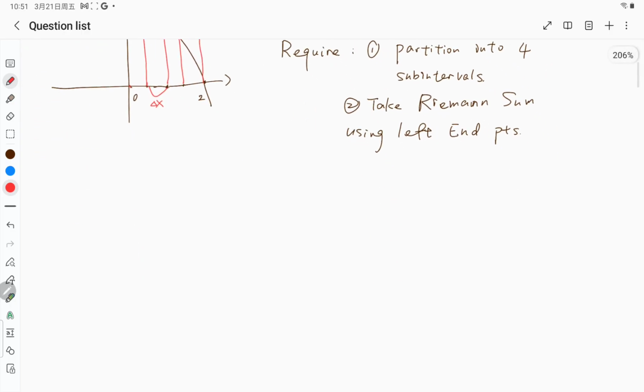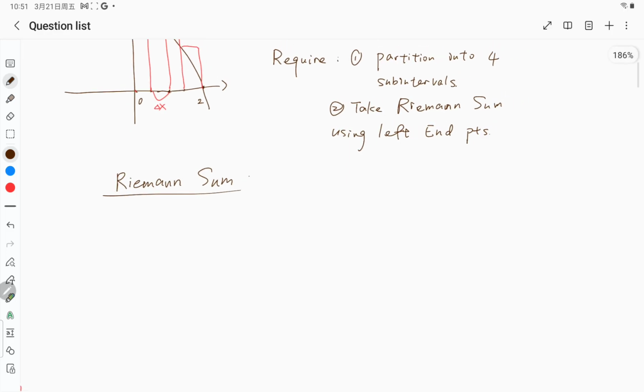All right. So then what is the Riemann sum? Actually, I want you to do it before we do the next question, because this is actually easy, right? Just the summation of the area of 4 rectangles.